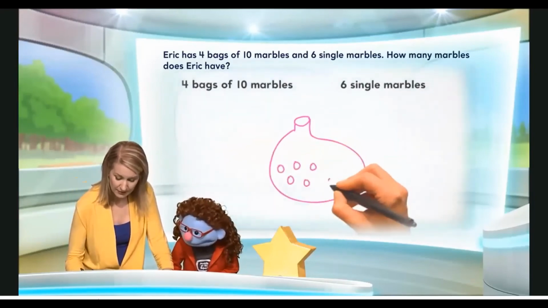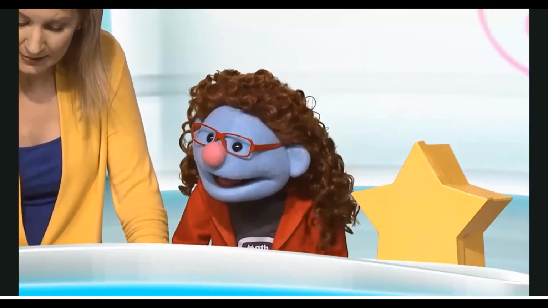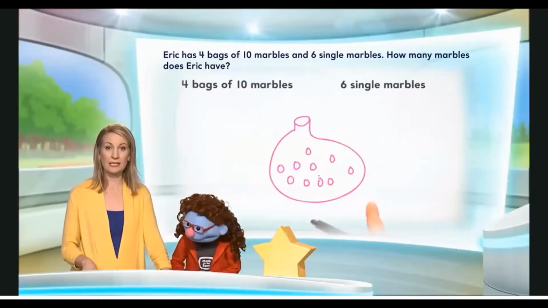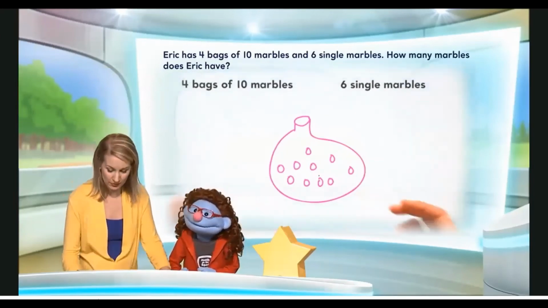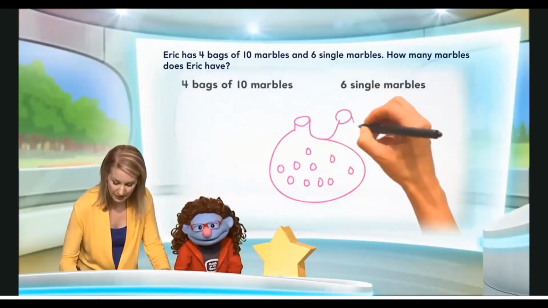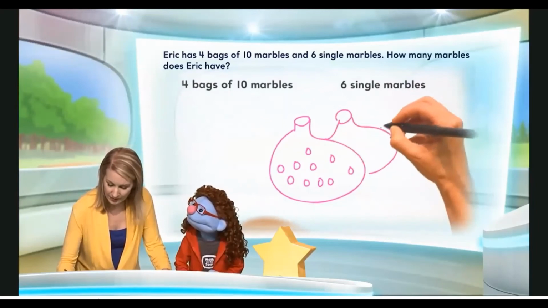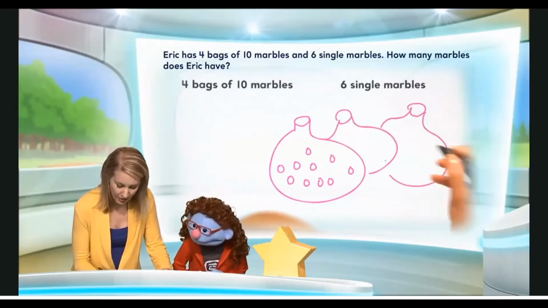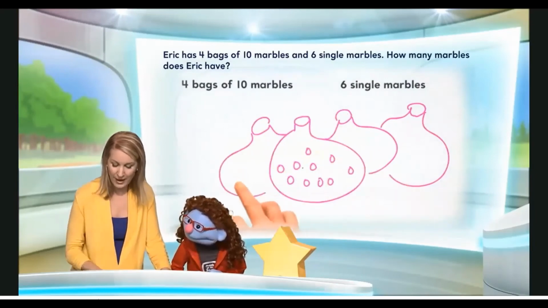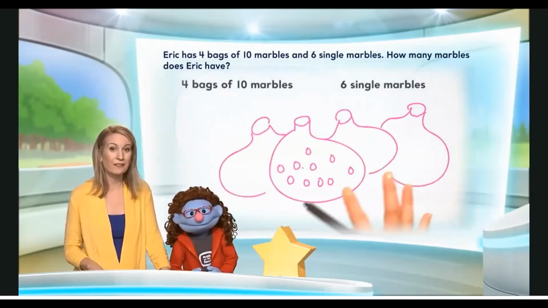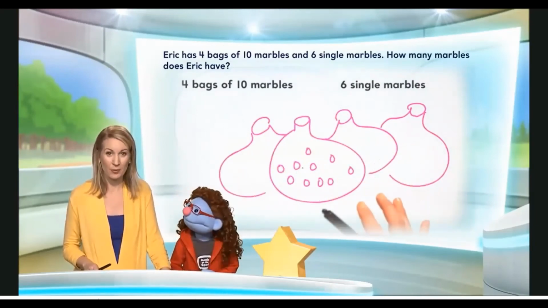Okay, so there are 10 marbles in here. But there are 4 bags of these 10 marbles. So there'd be one over here and one over there and maybe one over here. But the point is there are 4 bags and each one of those bags has 10 marbles in them. Yes? Oh, okay.